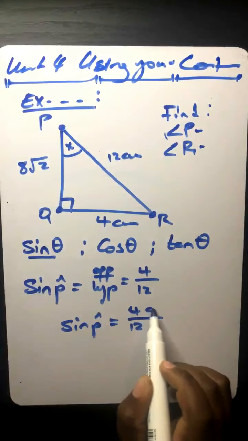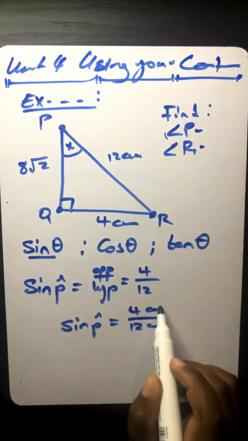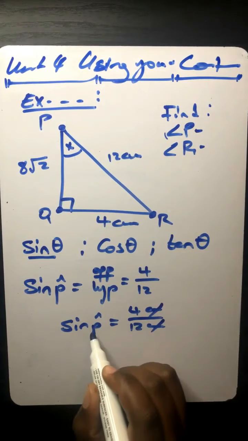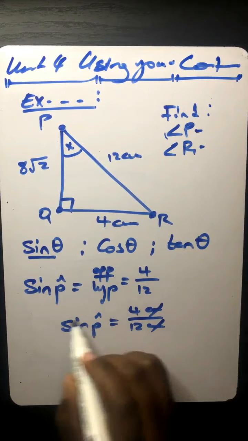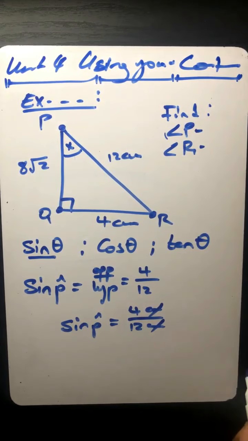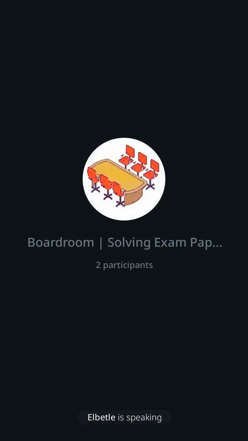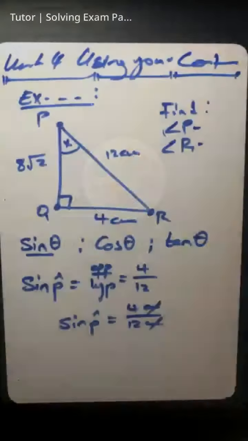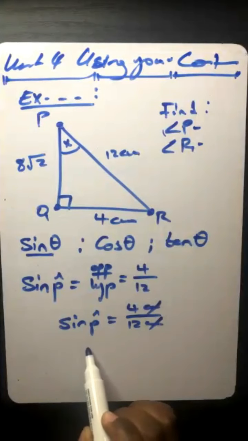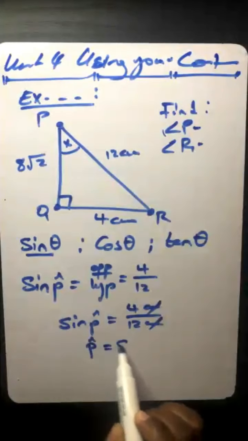The centimeters cancel, and now you can remove that sine. Do you know how to remove that sine? No. You don't know? Using sine negative one, the second function.